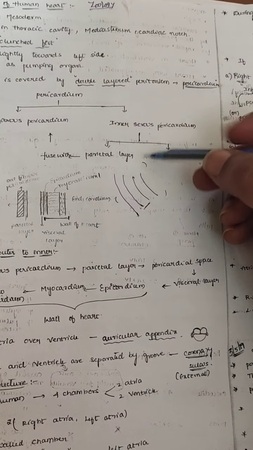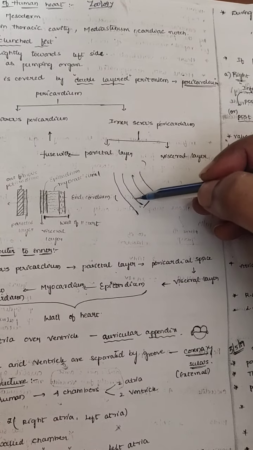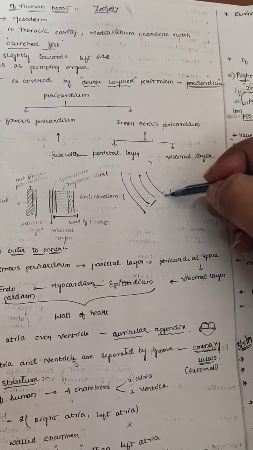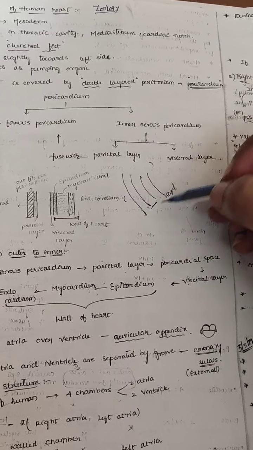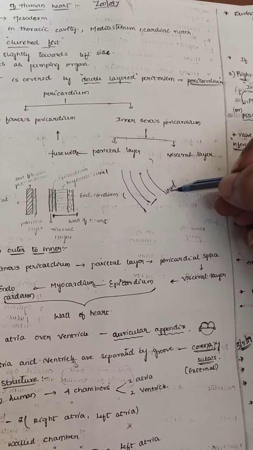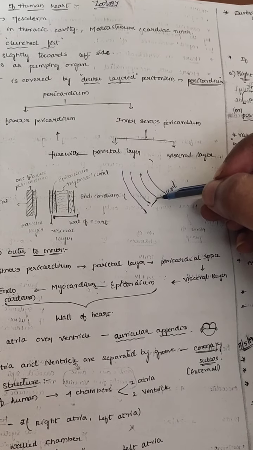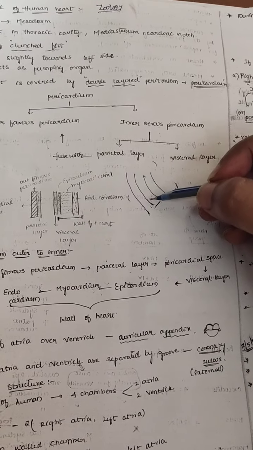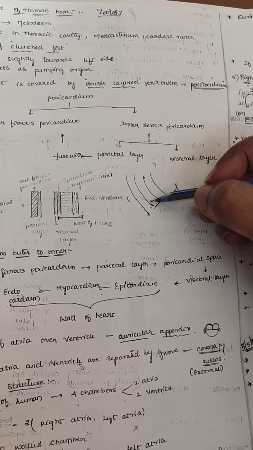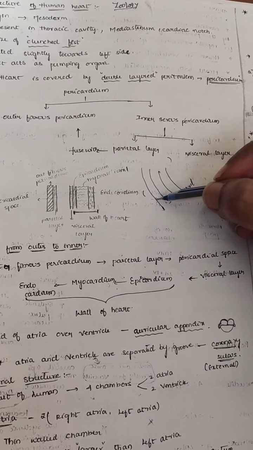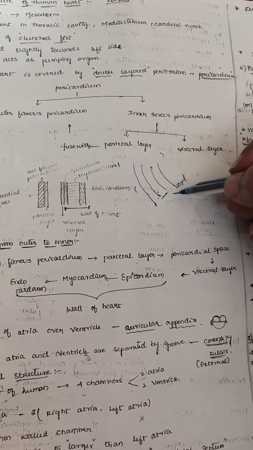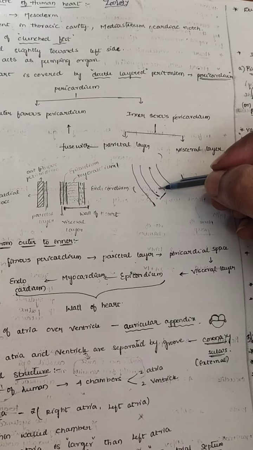This serous pericardium has two layers, outer parietal layer and inner visceral layer, and this one is the heart. That's why the visceral layer is connected with the heart, and the parietal layer fuses with the fibrous pericardium. Between the parietal layer and visceral layer there is a space.